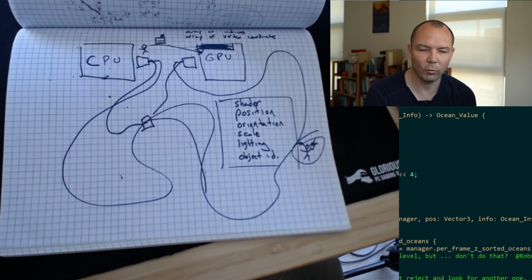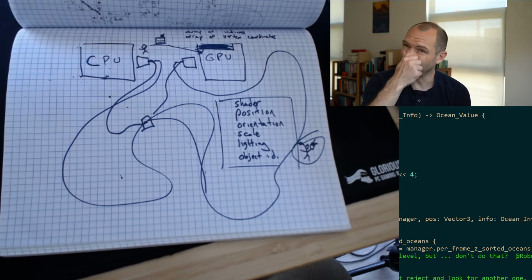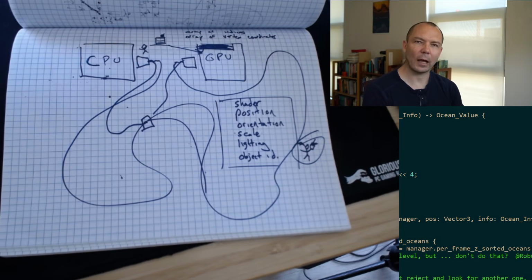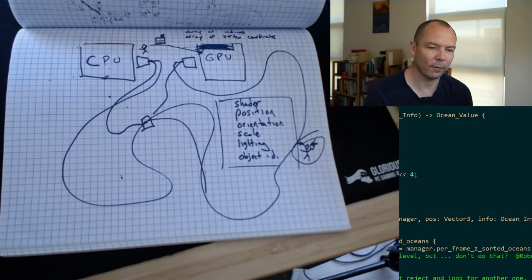What about aliasing with discard? That's a good question. I guess we just have to see how bad that is. You can always interpolate the discard or something. I don't know. I can imagine that there are hacks that you could do to get over that. Like you could interpolate the discard because you know you're drawing something translucent anyway.